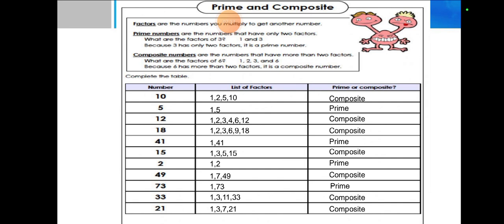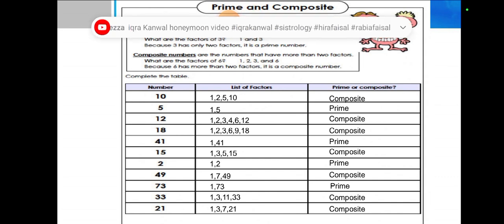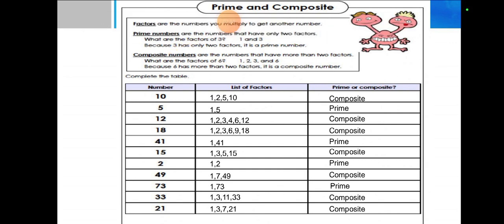So I have a list of numbers, the list of their factors, and then whether each is prime or composite. The first number I have is 10. First of all, I have to look at the factors of 10. It has 4 factors: 1, 2, 5 and 10, so it's a composite number. And 5 has only 2 factors, 1 and 5, so it's a prime number.